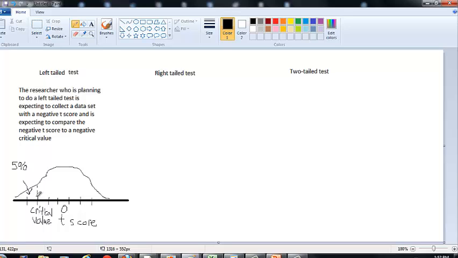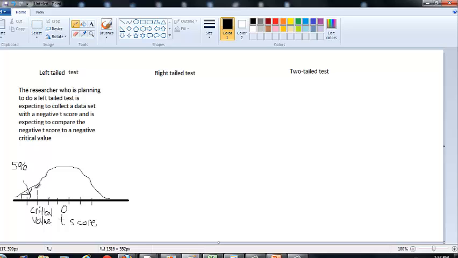And what the researcher wants to do is to get an outcome somewhere in this area that's to the left of the critical value. This area at the left end, below the critical value, is called the rejection region.